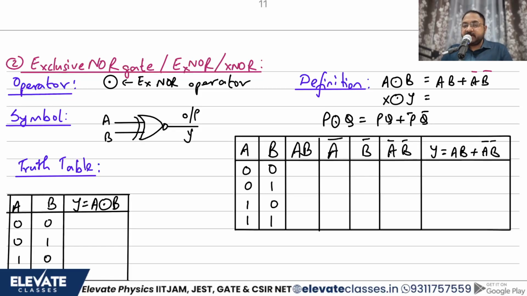In XOR what were we doing? एक बार A के सिर पे, अगले बार B के सिर पे. इसमें एक ही प्रोडक्ट के दोनों सिर के ऊपर बार होना चाहिए. So you will just choose one of the products, either the first one or the second one, and write a bar on top of it. Okay. So similarly, can we try for XY? Can we try the second one on our own? So please pause the video and try it. Okay.